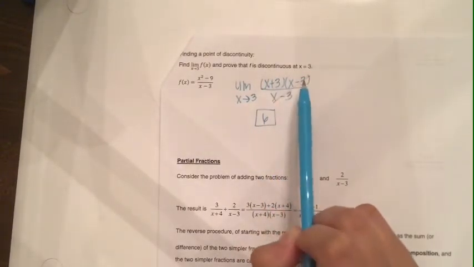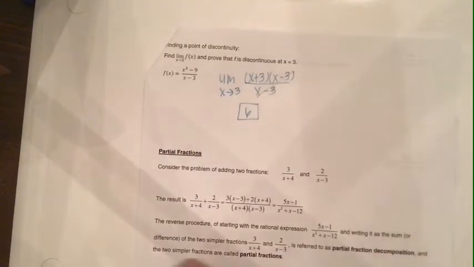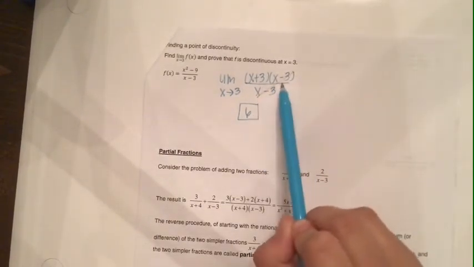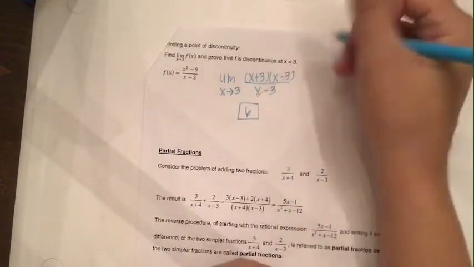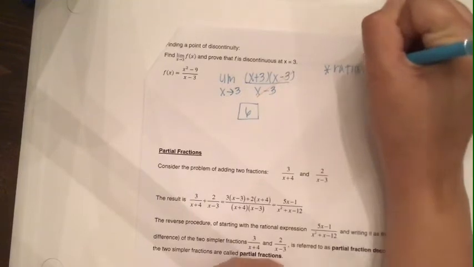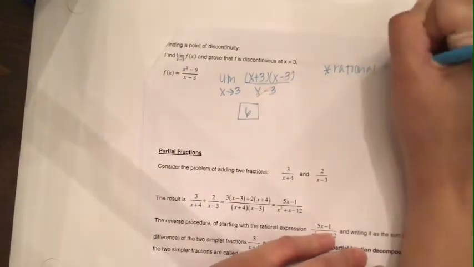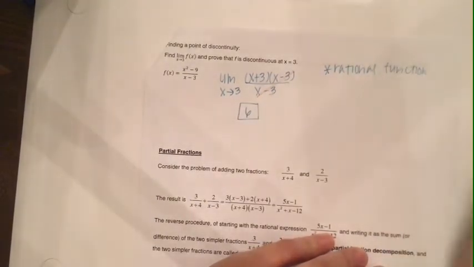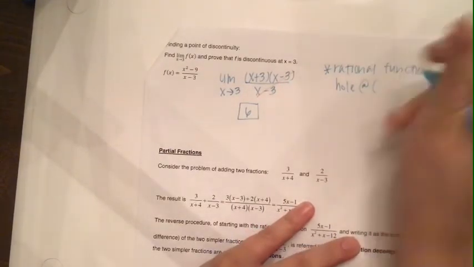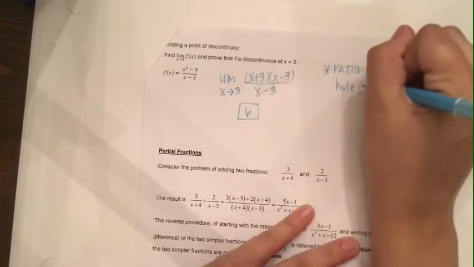So now remember, lots of things to remember. When you cross out factors in a rational function, that means there is a hole at an x value of positive 3, because that's the root there.